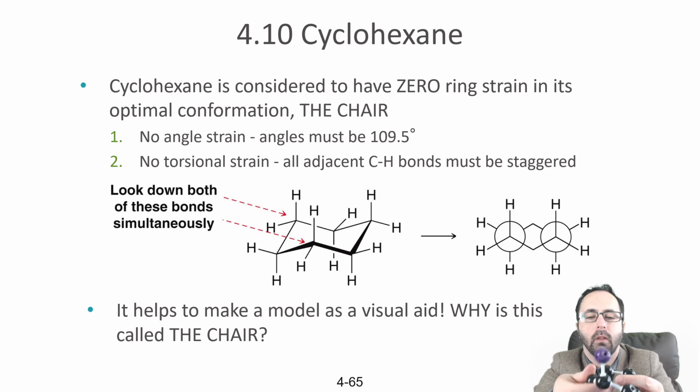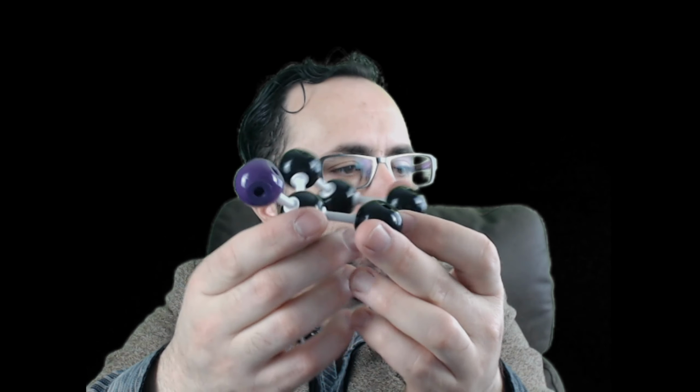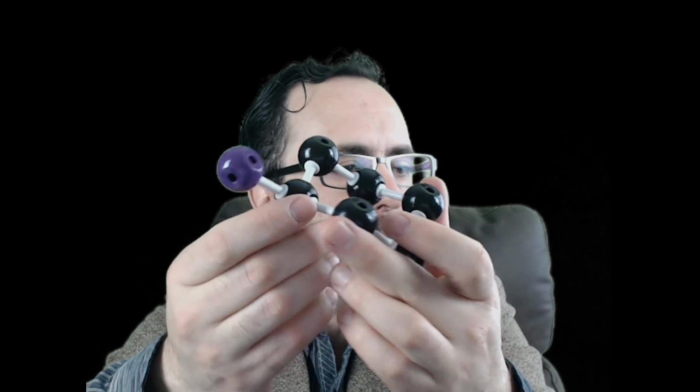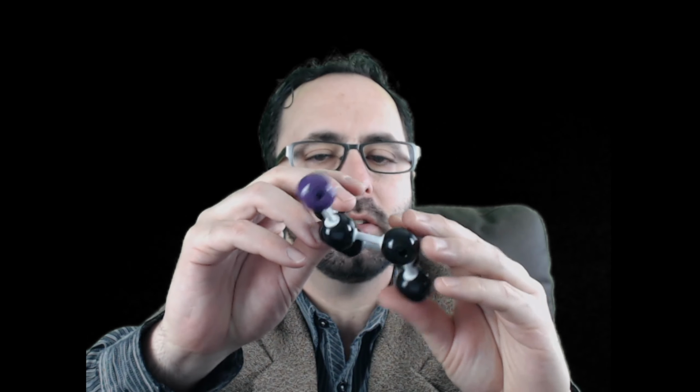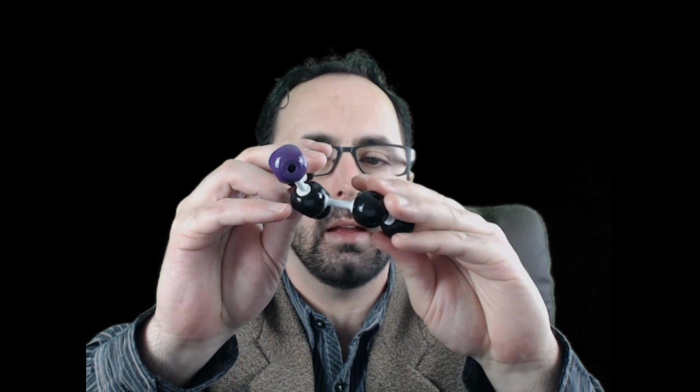And so the chair configuration looks kind of like this. You can see here that right now the purple atom is in the equatorial position. It's kind of sticking outwards. But these chairs don't stay like this exactly.